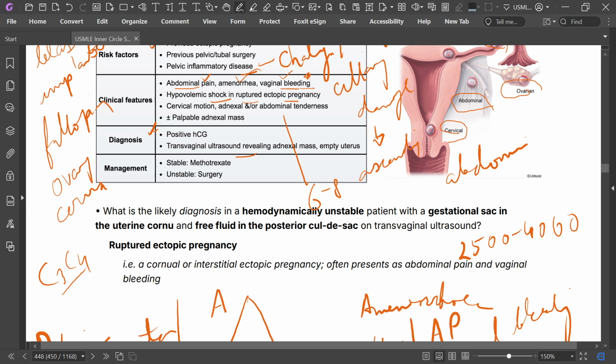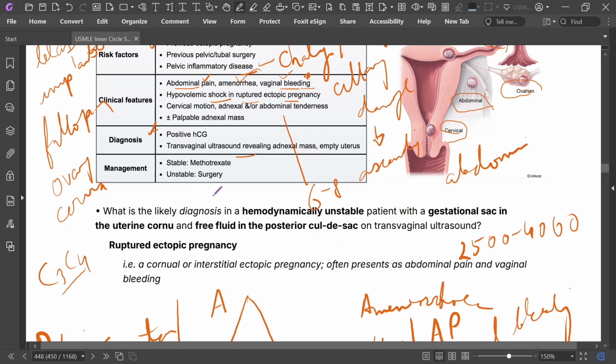In the setting of unclear imaging and a low beta-hCG level, that means pregnancy of unknown location, a repeat beta-hCG and transvaginal ultrasound should be performed every 48 hours.